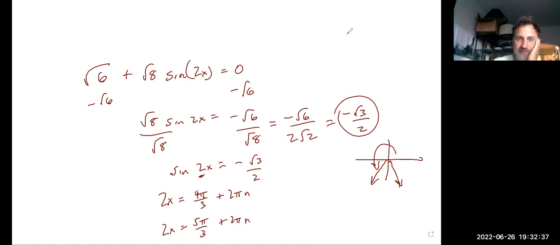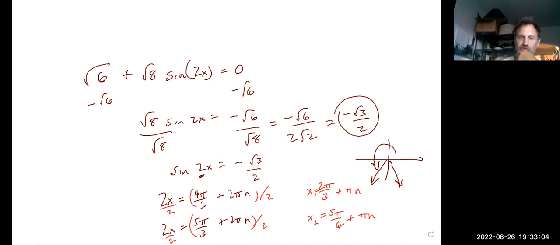So my last step here is a little complicated algebraically. I'm going to divide by 2, but I need to divide by 2 across the whole expression. So this would be 2 pi thirds plus pi n, that's x1, and x2 is going to be 5 pi sixths plus pi n.